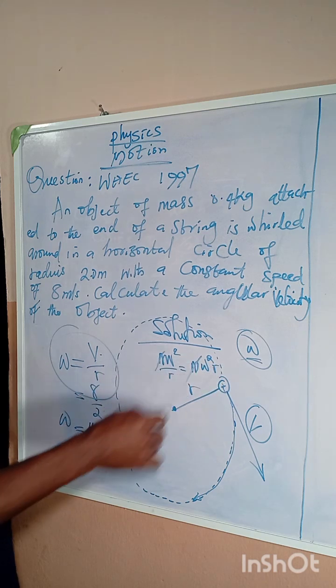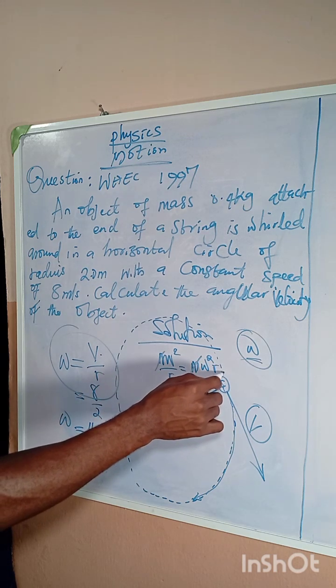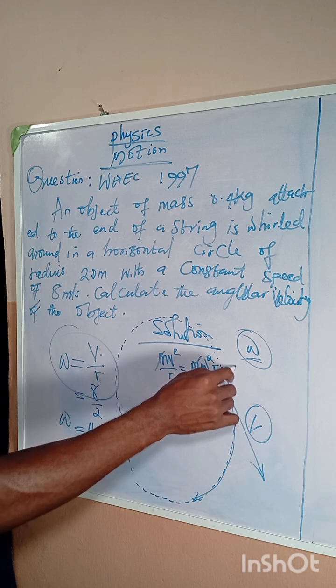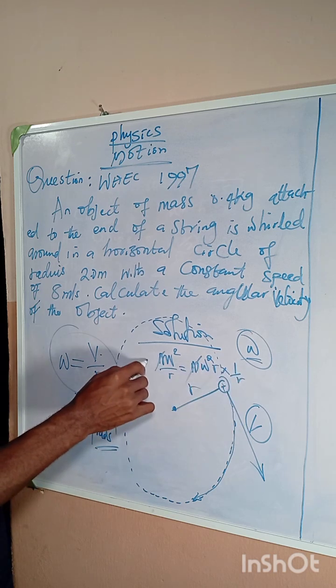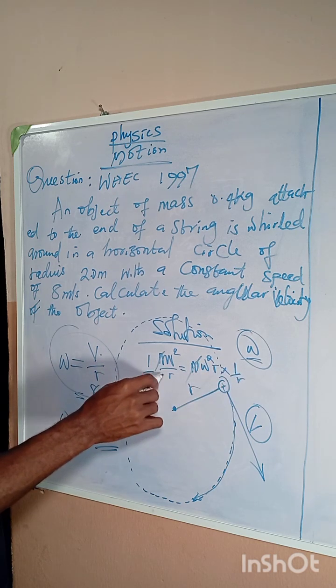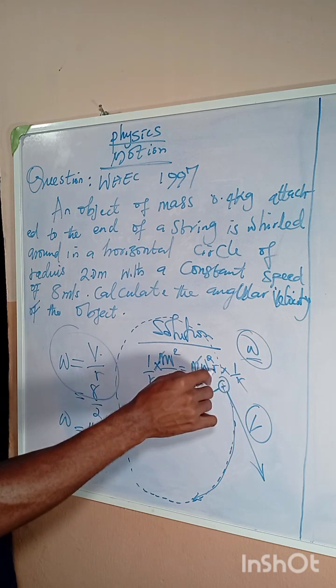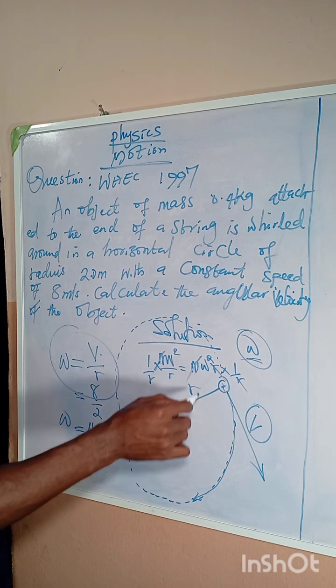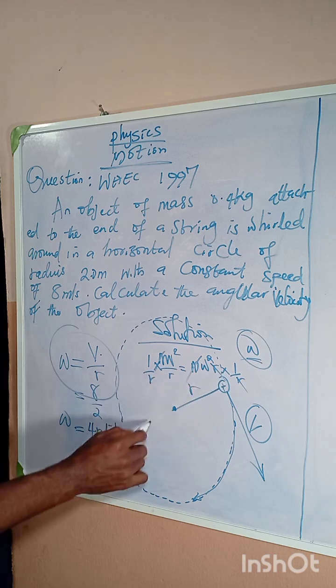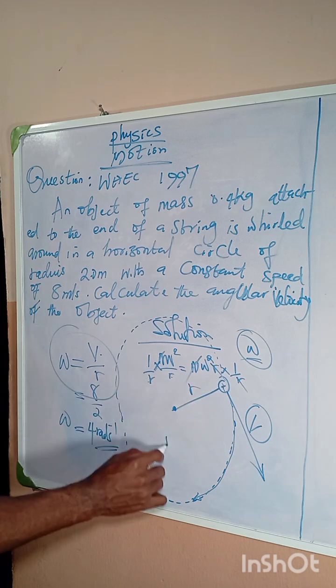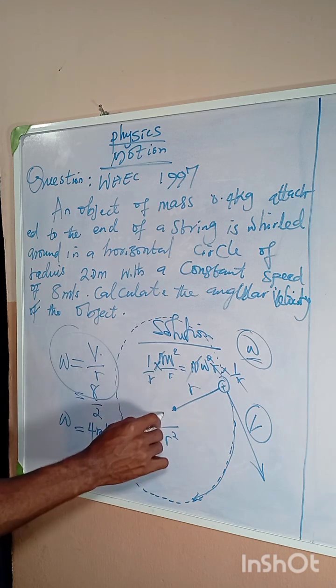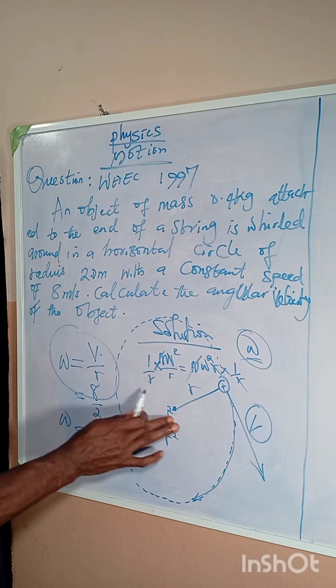So when m cancels out m and we divide through by r, you find that this gets to cancel this, and we have r squared over v squared.